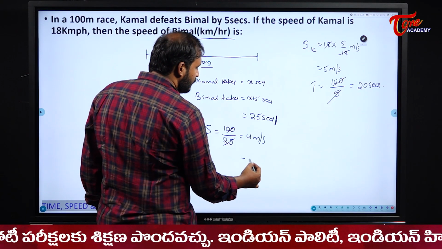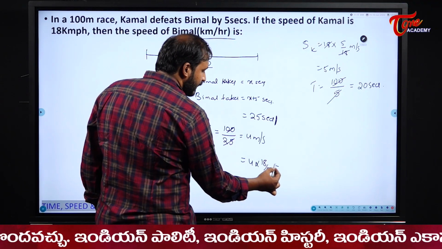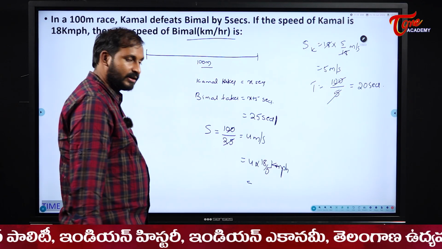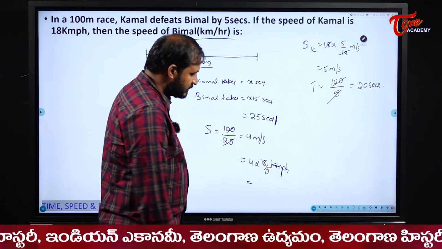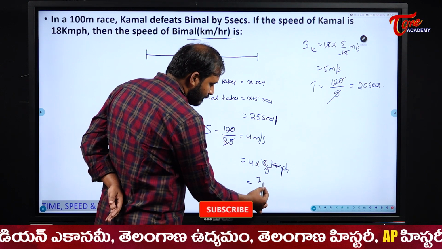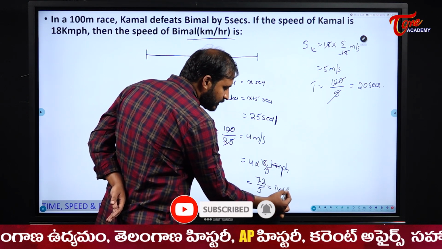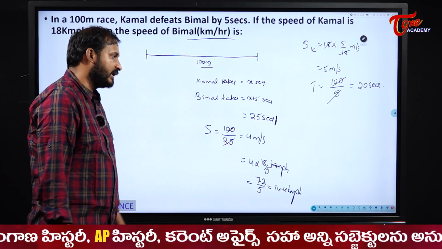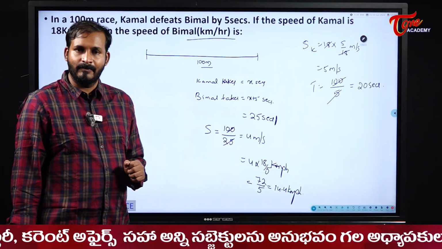So what will you write? 4 into 18 by 5 kilometers per hour. So 18 4s are 72 by 5. It will become 14.4 km/h. So Bimal's speed is 14.4 km/h.